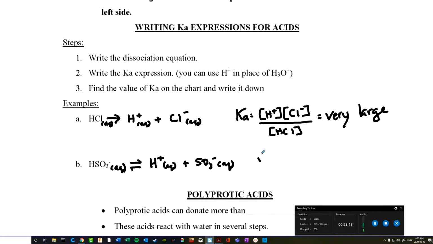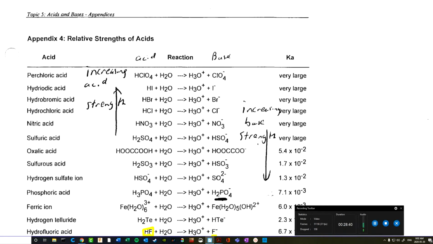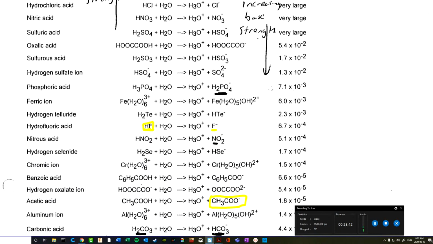Okay, so Ka would look like this. And let's see what it's equal to. So we find HSO3.